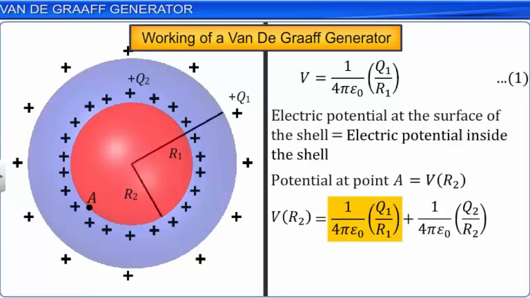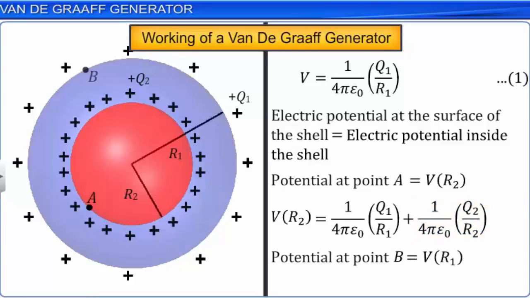And 1 by 4 pi epsilon naught Q2 by R2 is the potential due to the charge on the inner sphere. The potential at any point B on the surface of the outer sphere is VR1. This potential is due to the charge on both the outer sphere as well as the charge on the inner sphere.